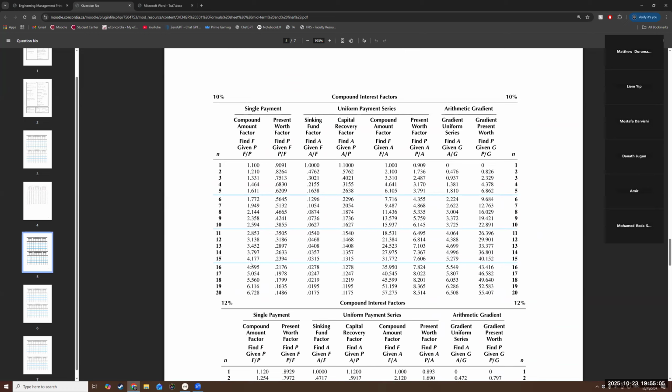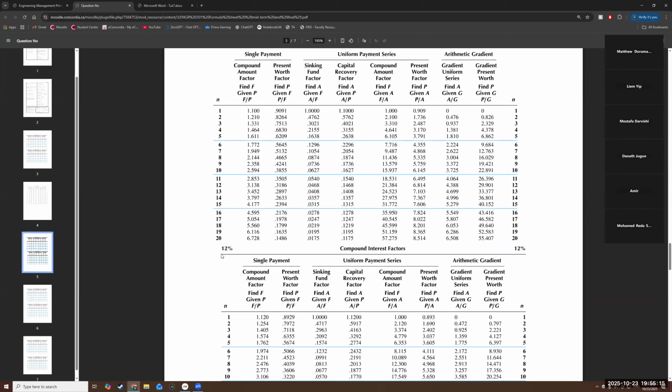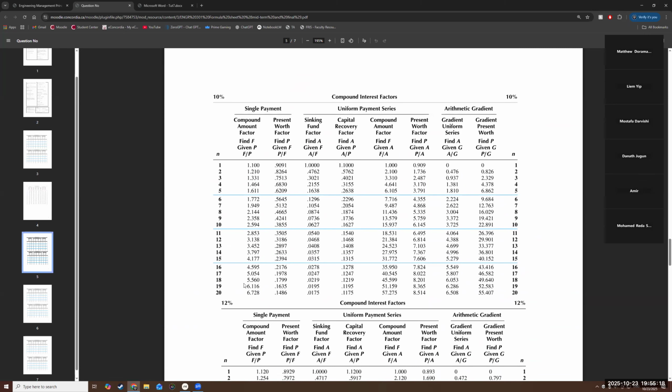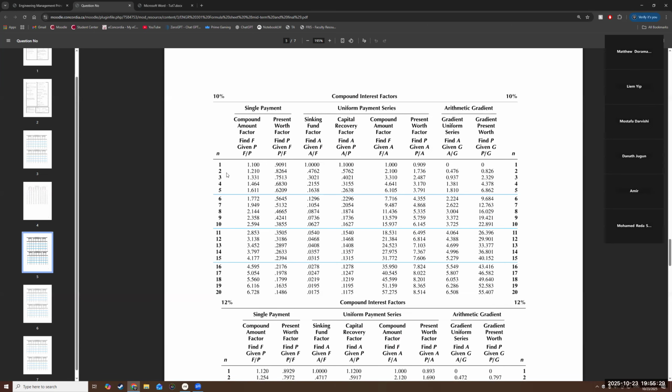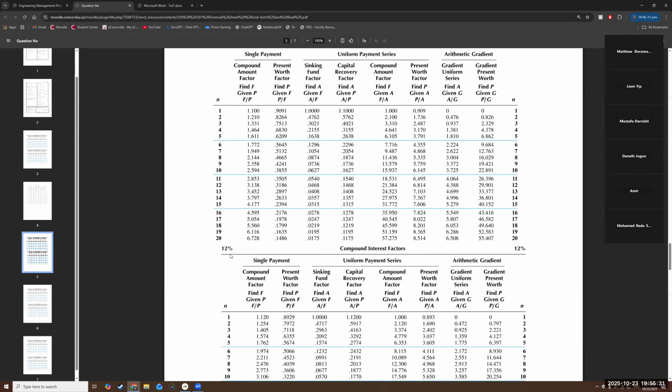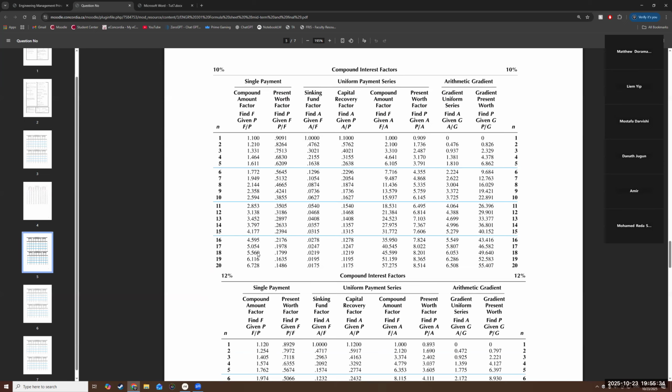Imagine that your interest rate was 11%. Okay, 11% is not in this table, right? But you have 10% and you have 12%, right? Notice one thing. Notice how these two values are exactly the same amount apart from 11, right? 10% is one away from 11. 12% is also one away from 11. 11 is exactly halfway between these two values. In that case, to interpolate, all you would need to do is take the average.